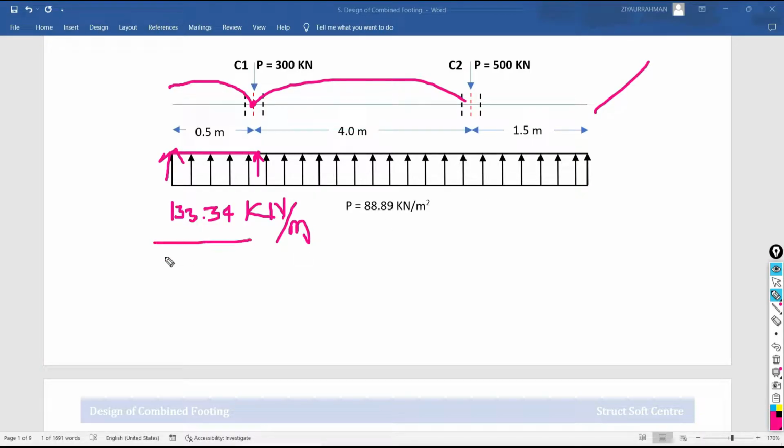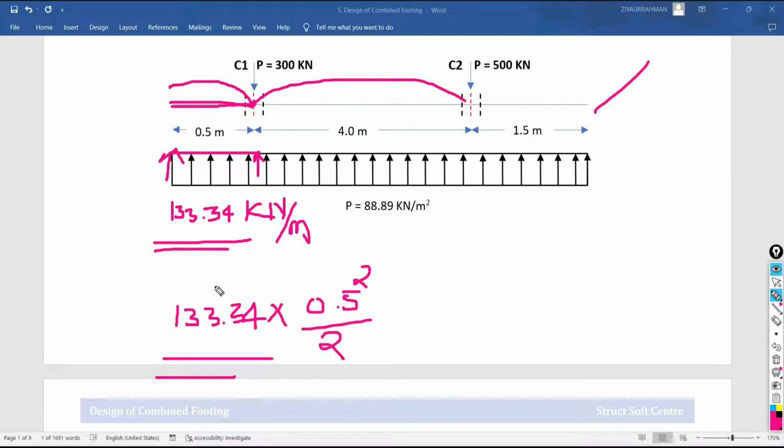I have explained this earlier in detail. So I have to multiply for this cantilever portion, this projected part. It is going to become 133.34 multiplied by 0.5 meter square divided by 2. This is the formula to calculate the bending moment at this center point under the column C1.